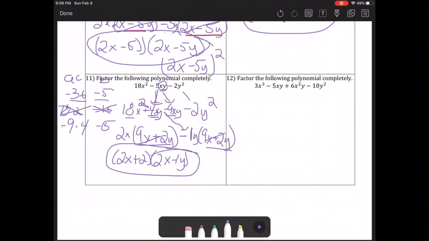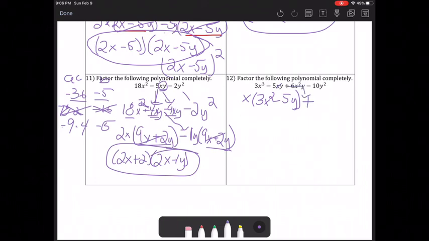Alright, number 3, last one. This is already 4 terms, so we've kind of had the middle split for us already. So I find the greatest common factor of the first 2 terms, which is just plain old x. They have nothing else in common, so this is going to be 3x squared minus, the x is factored out, so I'm left with a 5 and a y. This is plus, so I'm going to have a plus here.